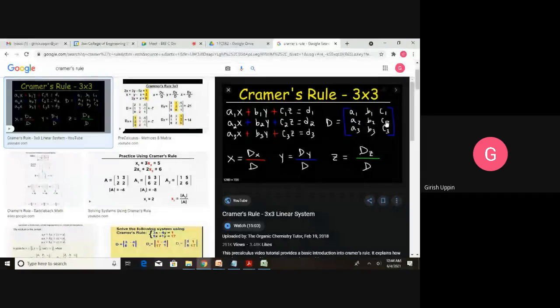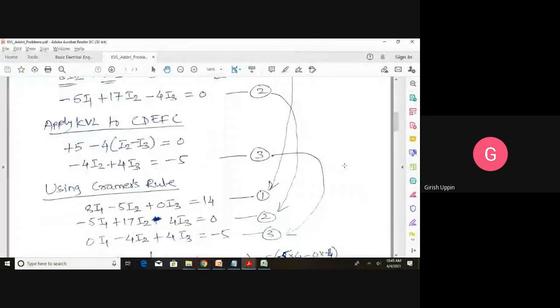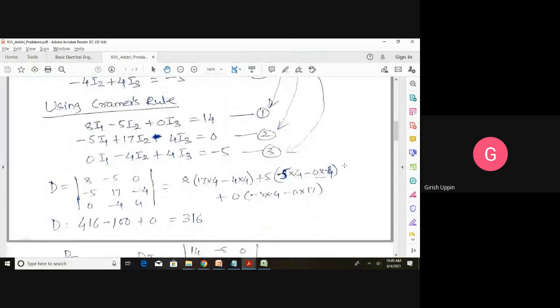Similarly, Dy is a1 a2 a3, this you are going to replace with d1 d2 d3, c1 c2 c3. And Dz is a1 a2 a3, b1 b2 b3, and this z column you are going to replace with d1 d2 d3. So this is how you can find x, y, z. That is mathematics you must already know. If you are not sure about that, just refer to any mathematics book, and you can refresh that knowledge.